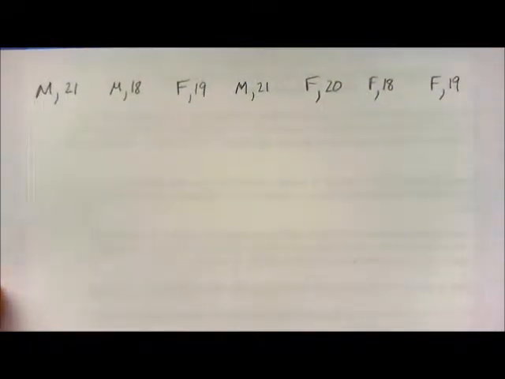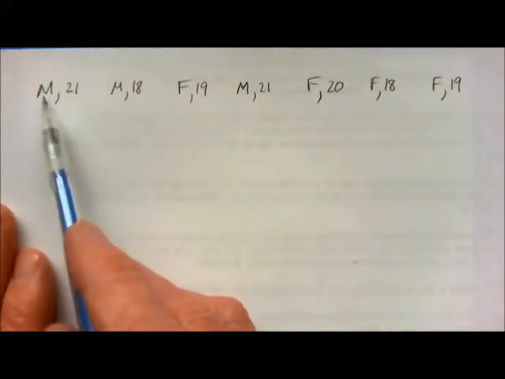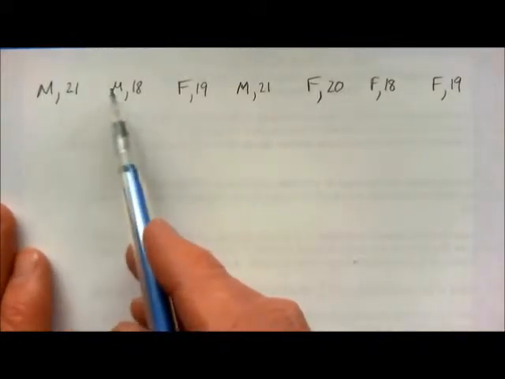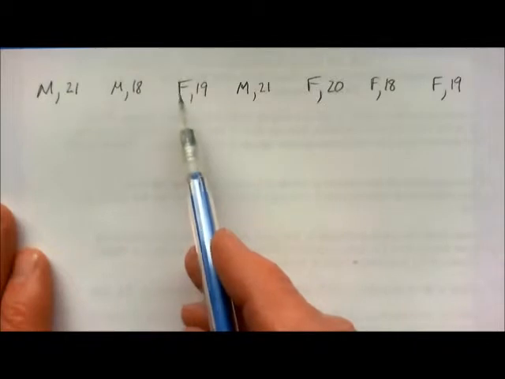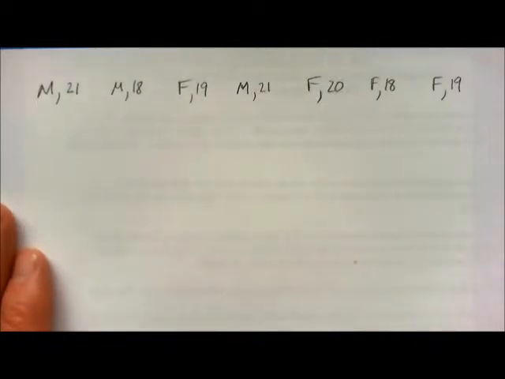So let's suppose that we're looking at this group of individuals. There are 7 individuals. We can see that in that group we have a male, age 21 years, male, age of 18, female, age of 19, and so on.